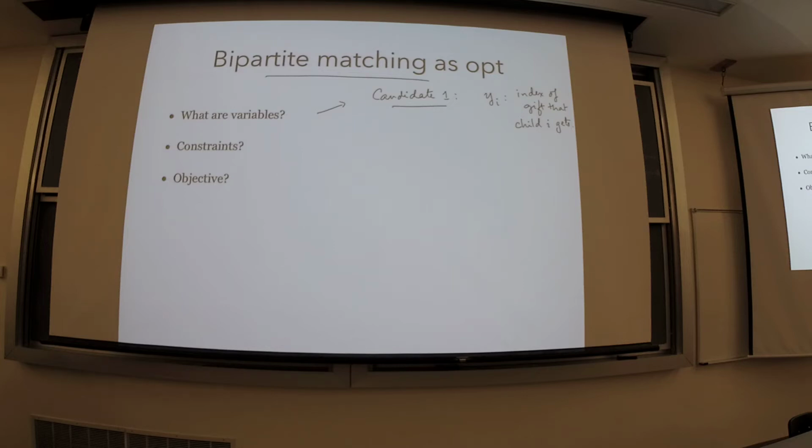Okay, so the other candidate that she mentioned is to have Boolean variables, which are of the kind xij, supposed to denote whether child i receives gift j.